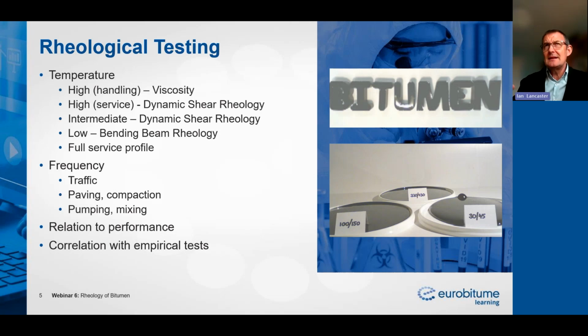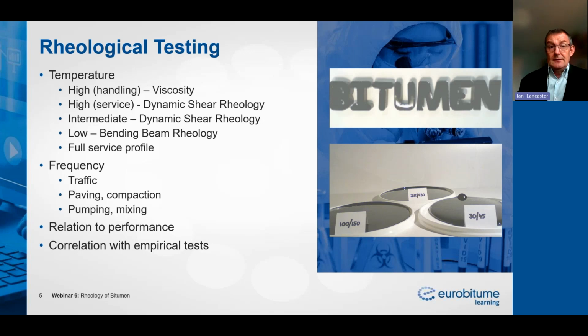We get an indication from those empirical tests like penetration and ring and ball softening point and others, but they're what we would call discrete. They're carried out at specific temperatures, and as a consequence, we don't get a full profile. And they're also very limited in terms of usefulness in terms of frequency.